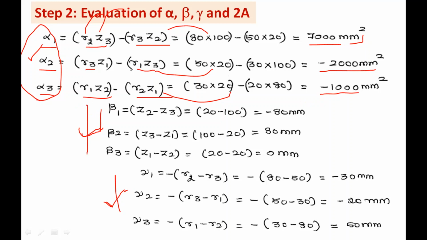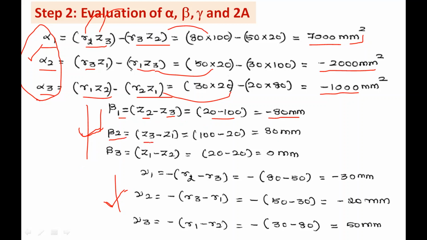Now coming to the beta value. Expression for beta: beta i is equal to Zj minus Zk. Here instead of Y we are using Z. So beta 1 is equal to Z2 minus Z3. That 1, 2, 3 order we have to maintain always. Substituting the coordinate values, we are getting beta 1 as minus 80 mm.